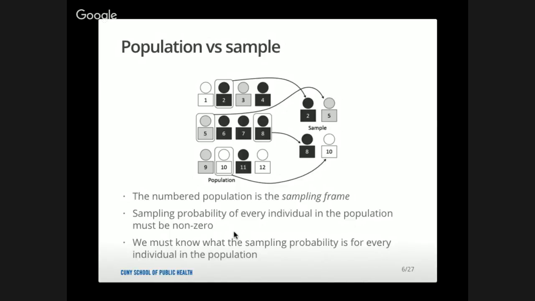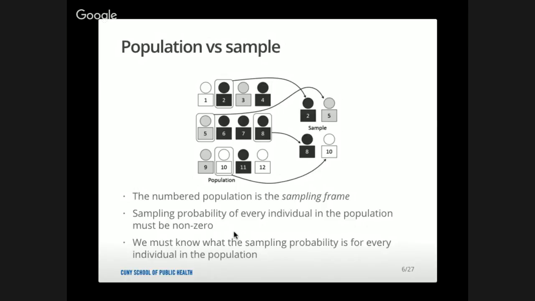So some things to note about this. We have enumerated the entire population here, and that is what we call the sampling frame. That means that we know who has a finite probability of being sampled. If you don't know that, then it is difficult to say that you are taking a random sample and that everyone has an equal probability.